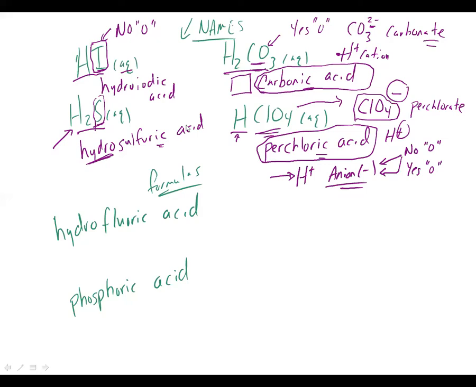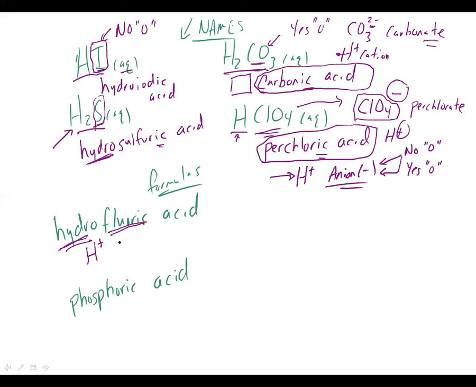So when we're coming down here to actually write the formulas, we see hydrofluoric acid. So the hydro right off the bat tells us that it does not contain oxygen. What we do know, as I just mentioned, all acids, the cation is H plus. So we could deduce from that, if it doesn't contain oxygen, it's probably going to be from the periodic table.